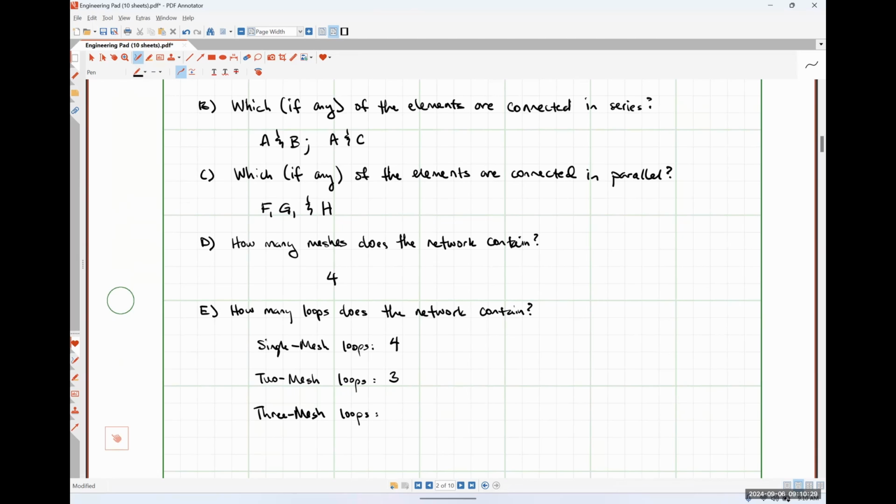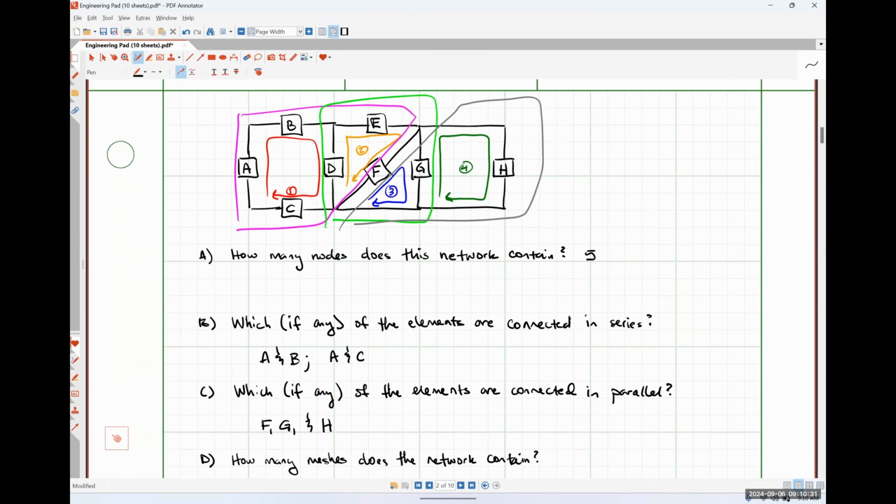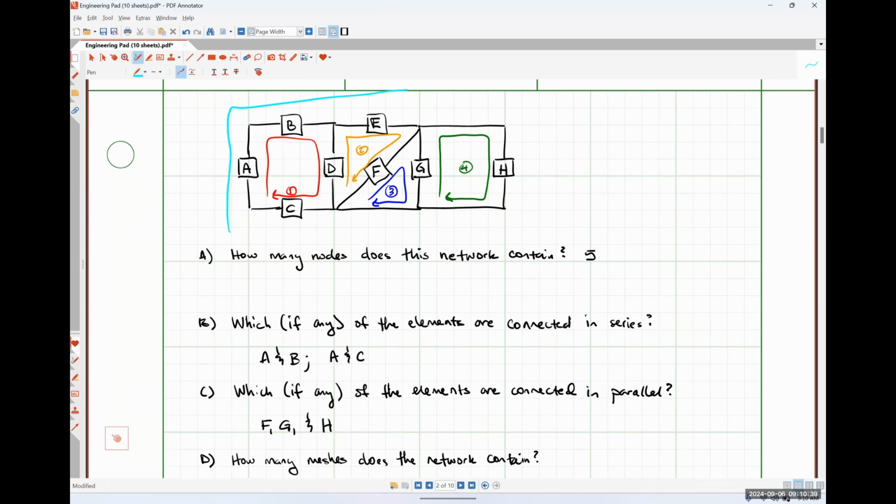Just 2, right? So if we get rid of these, our 3 mesh loops would be this guy right here, which combines 1, 2, and 3, as well as this guy right here, which combines 2, 3, and 4.